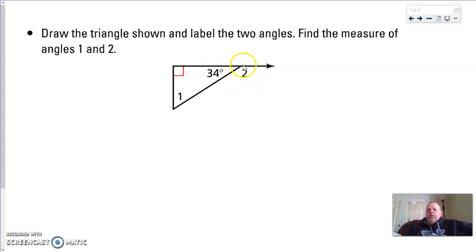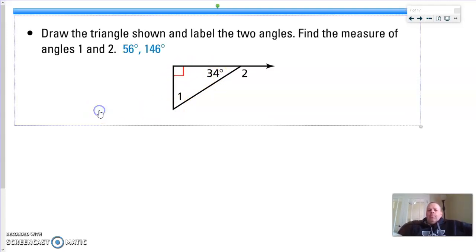We can also say that 34 plus 90 plus angle 1 will equal 180. So angle 1 is 56, angle 2 is 146. 146 plus 34 is 180. 56 plus 34 is 90, plus the 90 gives us 180 for the inside.